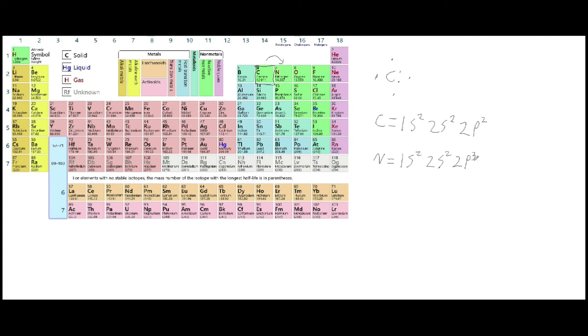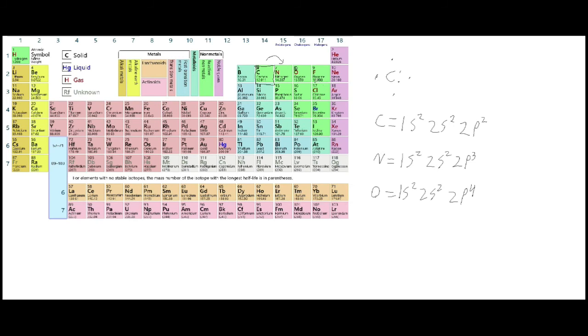That's 2, 4, 5, 6, 7, so that's 7 electrons to neutralize our protons. And then we can do the same thing with oxygen, which has 1 extra electron, so it has 1s2, then 2s2, then 2p4, so it has 4, 5, 6, 7, 8. Just like it has 8 protons, it has 8 electrons.